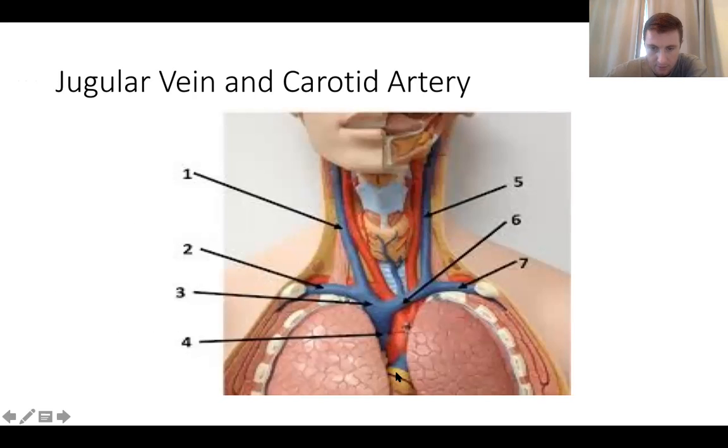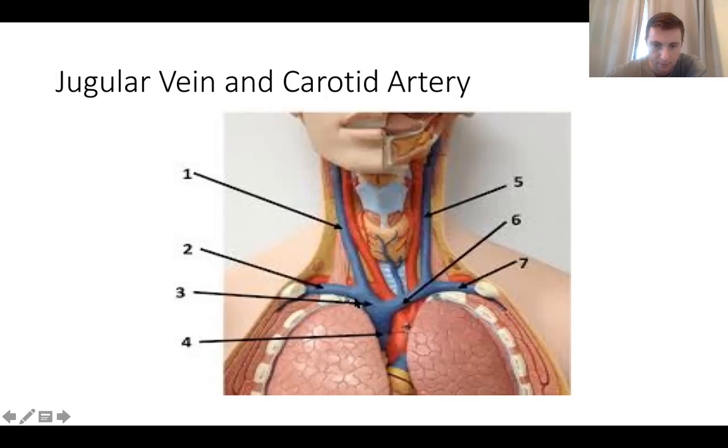And this is the heart. So all the blood coming back from the head is going to pass on the right side, through the right jugular vein. And from the arm, it's going to come back into the right subclavian vein.